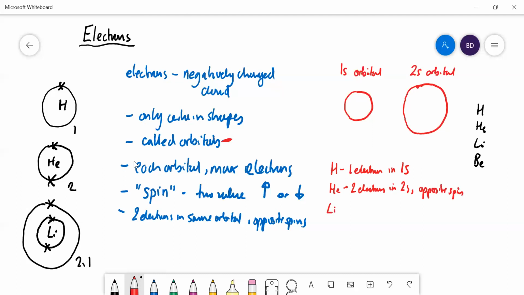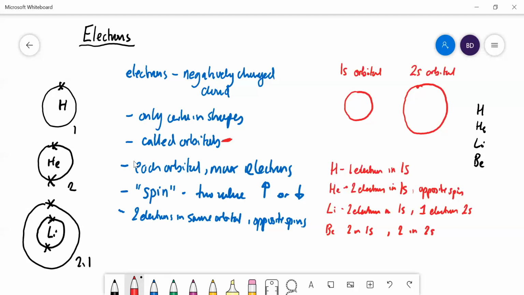With lithium, the 1s is full up, so now you have to start filling up the 2s orbital. So lithium is going to have 2 electrons in 1s and 1 electron in 2s. And finally, beryllium is going to have 2 in 1s and 2 in 2s.